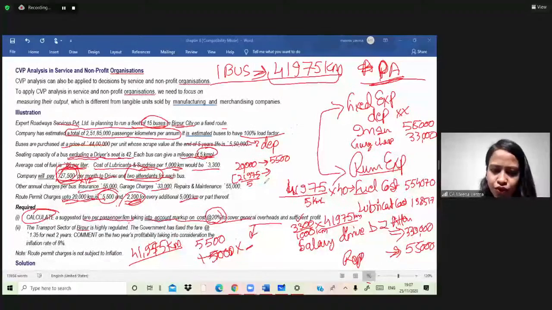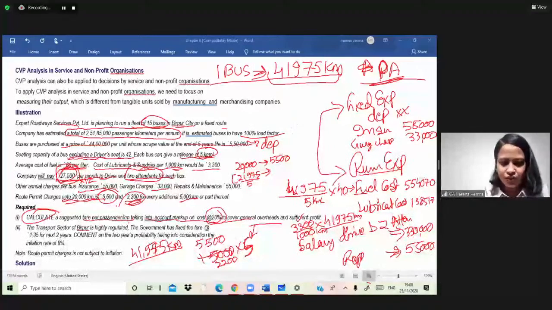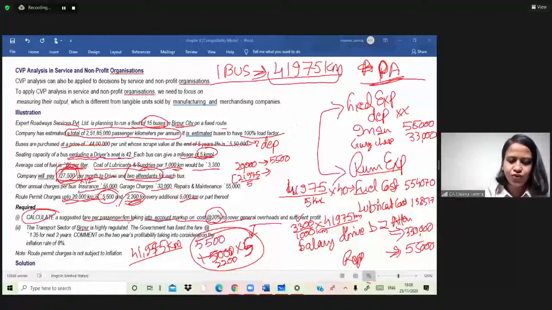So you will multiply this 2,200 into 5. In this way you will get the permit charges value. Considering these values, you will get the permit charges. Okay, this is 16,500, Ravi Teja is saying.